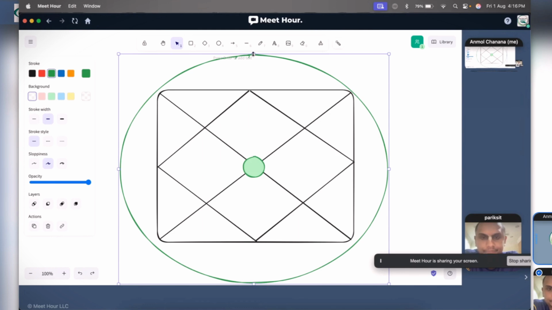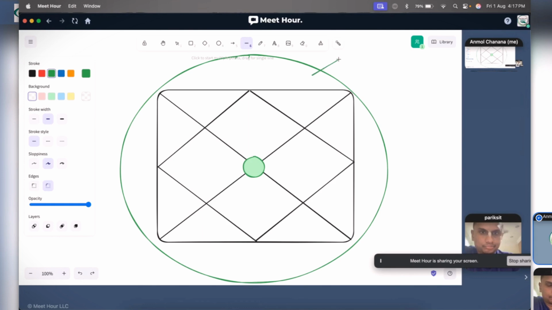When we divide that 360 degrees into 12 parts, each part will get 30 degrees.